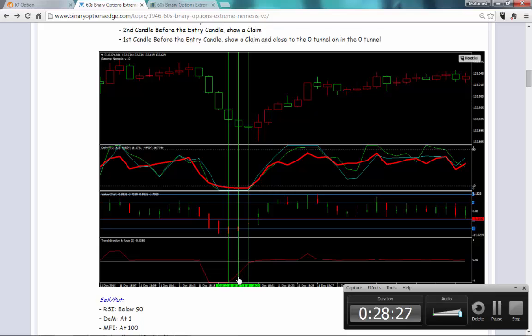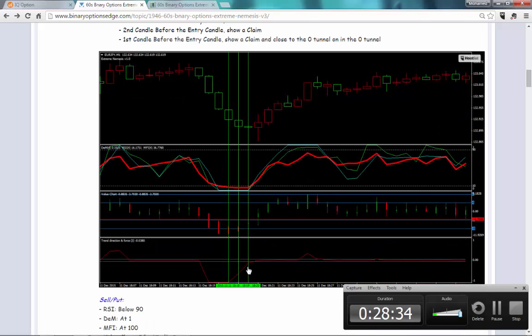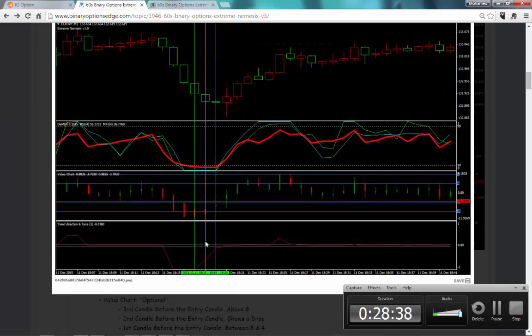Well, I guess close is fine, but in the mid area is what you're looking for. And then the first previous candle needs to be a little bit close to the zero tunnel. The two gray lines are considered the zero tunnel. So you don't want it to be in the tunnel, because that means your reversal has already happened or it's just a line.